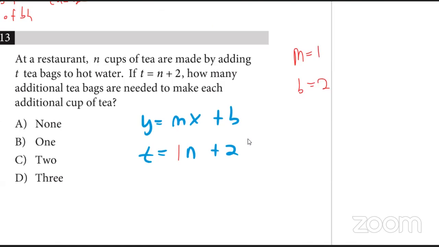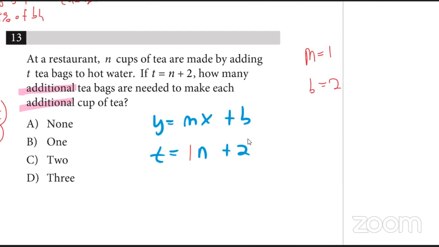Why do we care? Because we're talking about the additional amount that's needed to make an additional amount of that. Additional this for additional that, what does that sound like? That sounds like change in y over change in x. We wouldn't know that if the SAT didn't ask about that so incredibly frequently. There are so many different code words on an SAT that are really code for slope. So we'll go ahead and say our slope is our change in y over change in x.